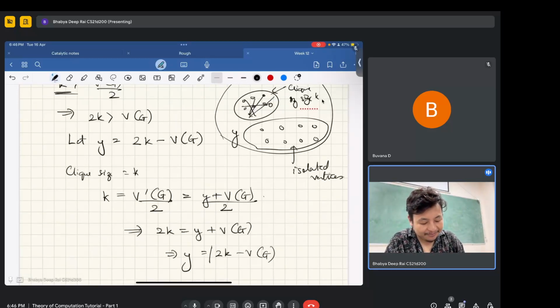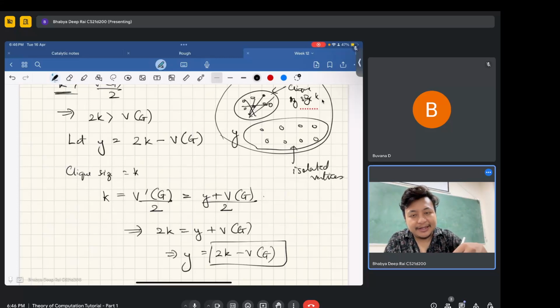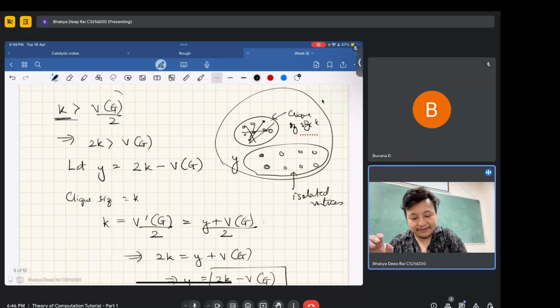We'll simply include y equals 2k minus V of G many isolated vertices. Now the graph is so big, but the clique size is still the same. The huge clique size, which was more than V of G by 2, now becomes exactly half. K equals V prime of G, the final graph G prime.